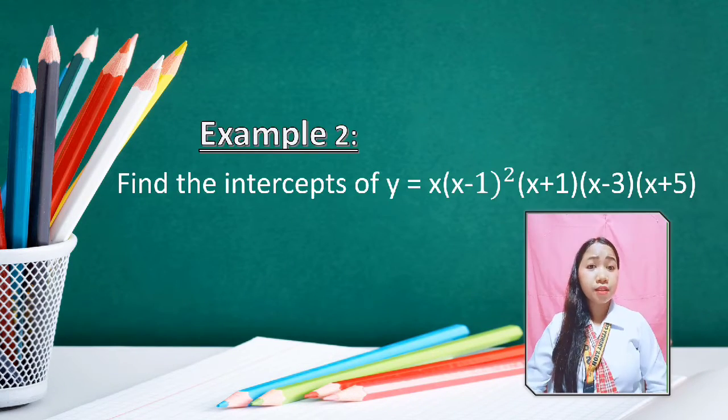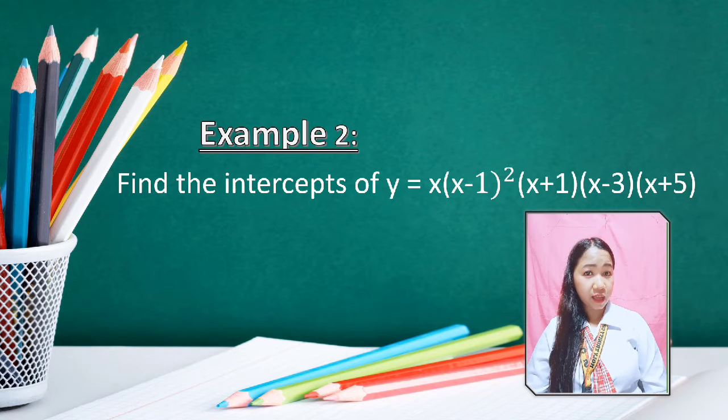For example number 2, we have: find the intercepts of x times x minus 1 squared times x plus 1 times x minus 3 times x plus 5.